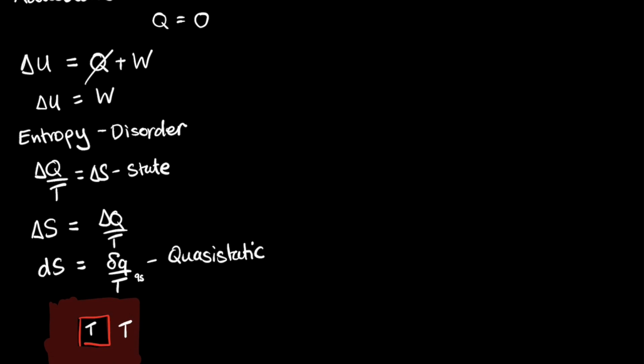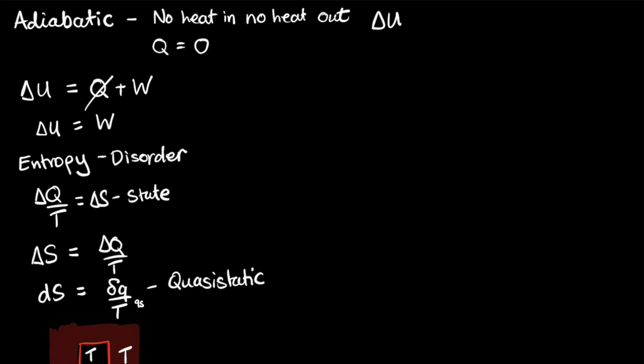So let's start with the first law of thermodynamics: delta U equals Q plus W. I said that Q is 0 for an adiabatic process, so delta U is simply the work. The change in internal energy is simply the work being done. Let's take the differential form of this, like we did in the last video.